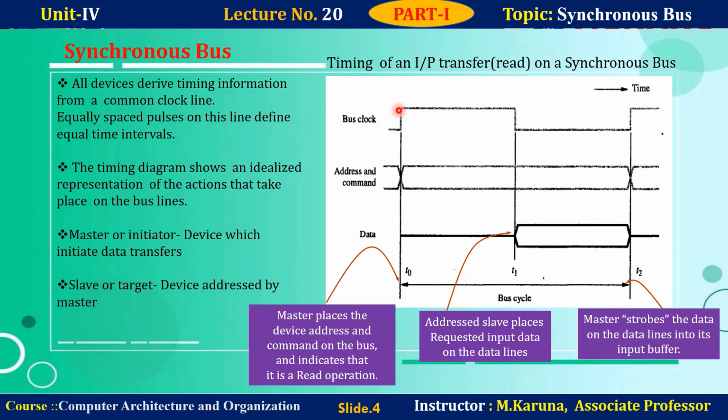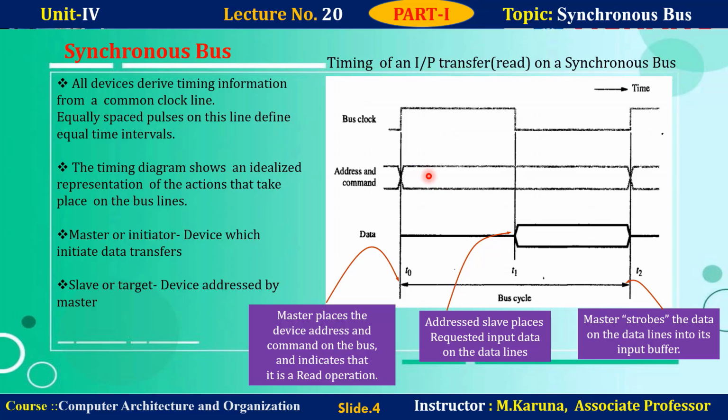Let us consider the sequence of events during a read operation. So this is the bus clock. At T0, the master, meaning the processor, places the device address on the address lines. So this is the combination of address and control signals.